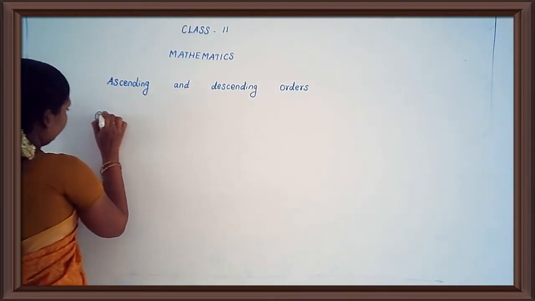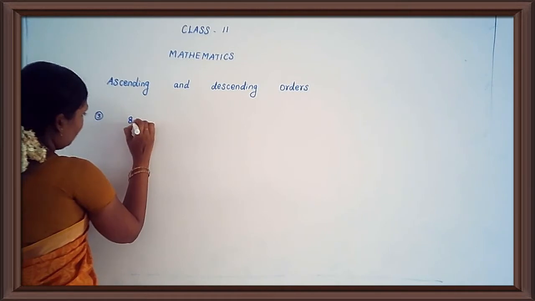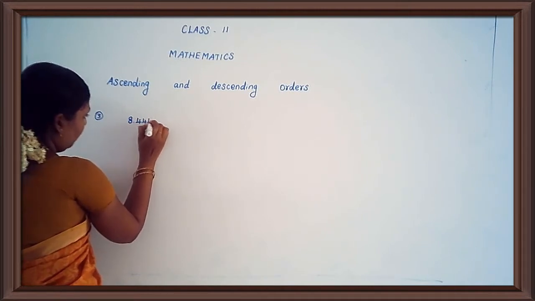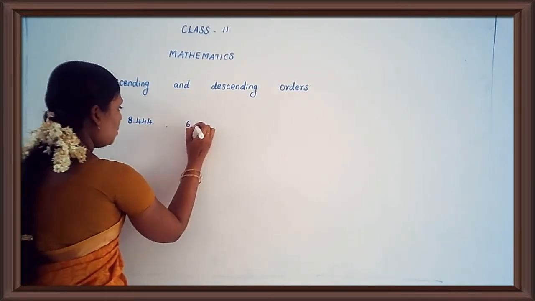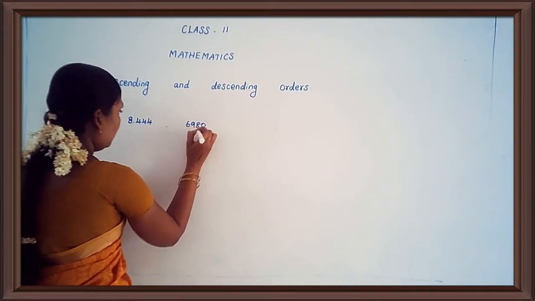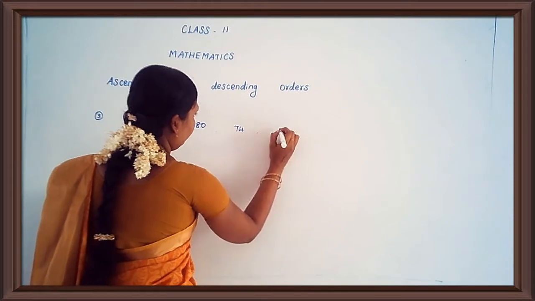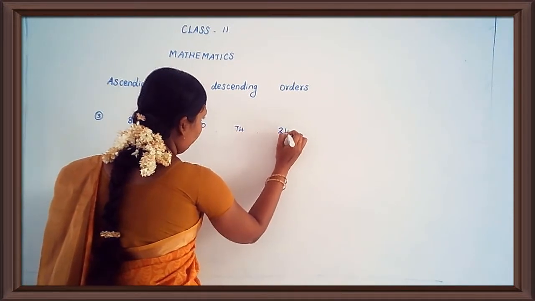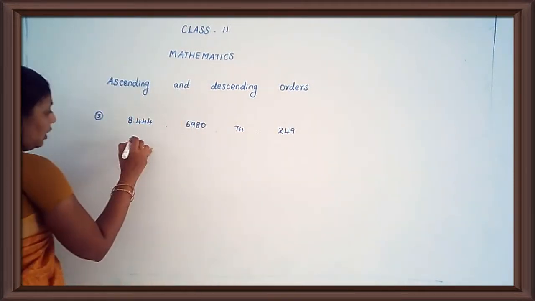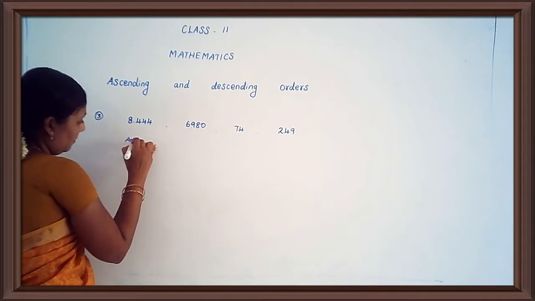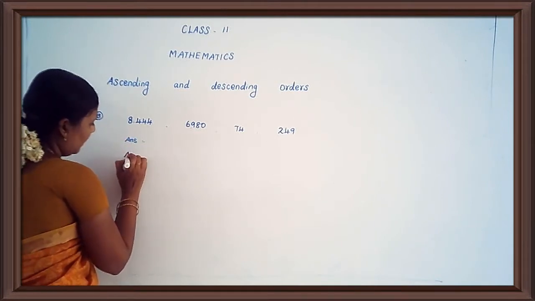Third one, 8,444. Then 6,980. Then 74. 249. Now we have to arrange the numbers from small to big. Okay, ascending order.